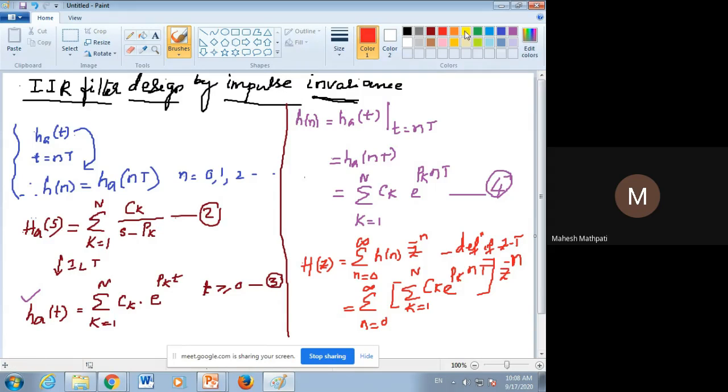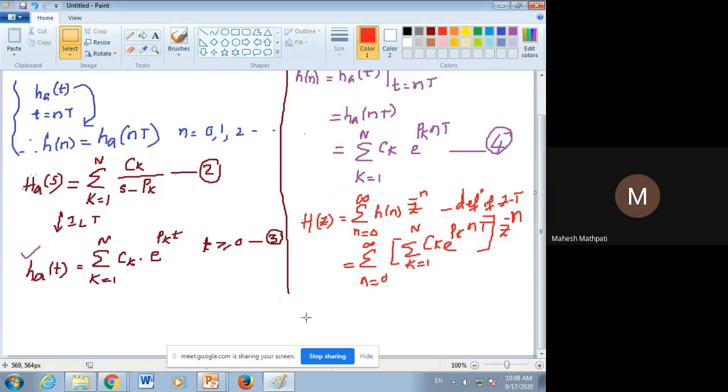Or simply this can be finalized as h of z equals the summation k equals 1 to n.